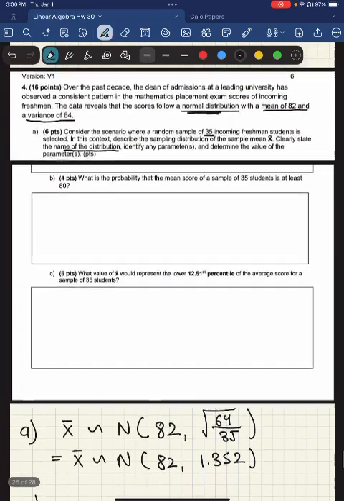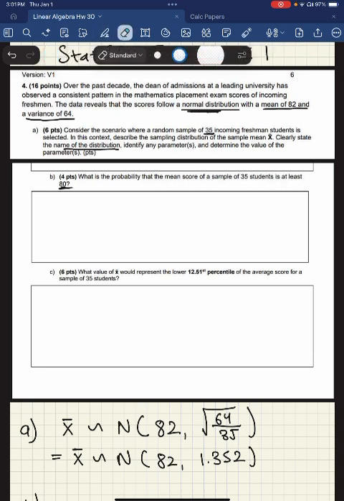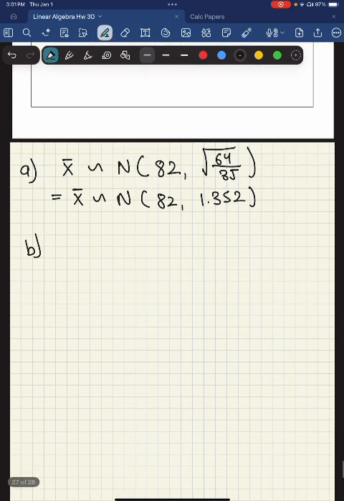Part B. What is the probability that the mean score of a sample of 35 students is at least 80? In order to find this, we write down the probability that the mean score, x bar, is greater than or equal to 80.